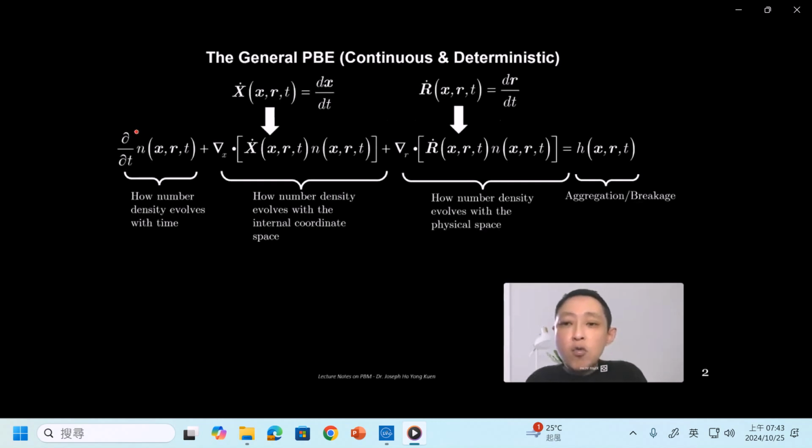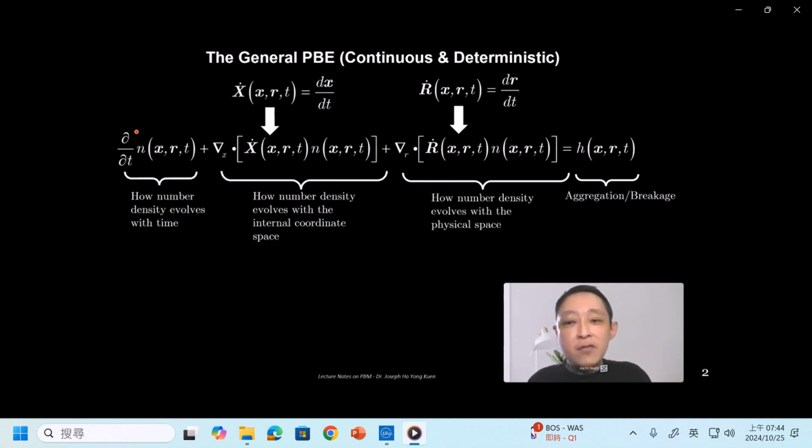Let's first do a quick recap on the general population balance equation for a continuous and deterministic system. What we mean by a continuous and deterministic system is that if you are dealing with a particular process, then the number of particles in your system, throughout time and throughout the internal and external coordinate space, or the physical space and the internal coordinate space such as your particle size, must be abundant enough so that the entire behavior of the system can be assumed to behave as a continuum.